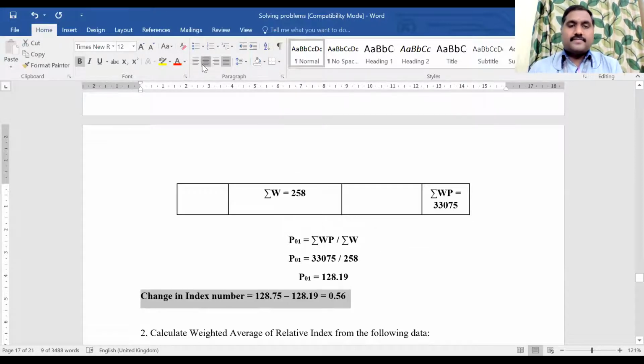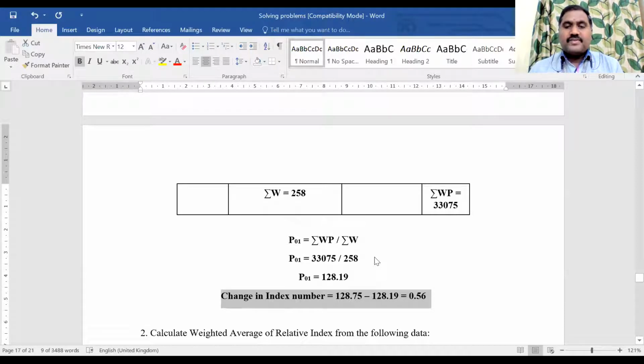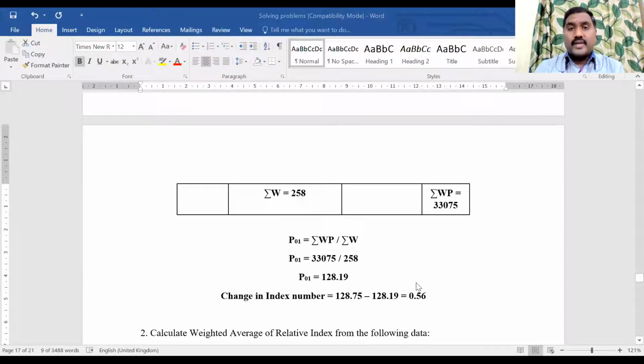As per the questions in the problem, we got the change in the index number. So, did you understand how to calculate the price index number under the weighted average of price relatives? Are there any doubts? You are using formulas like summation WP by summation W, or summation IV by summation V. It all depends upon the values given in the problem.